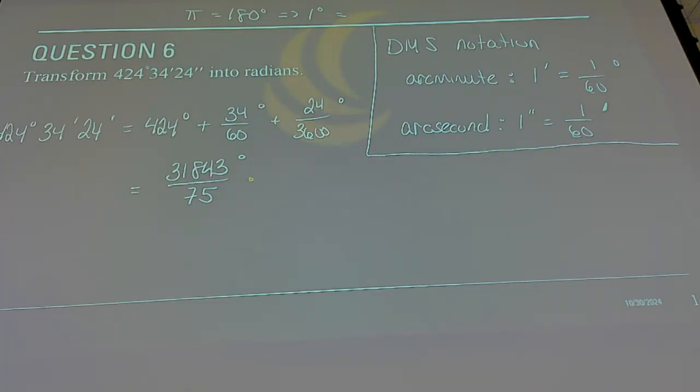You're overthinking it. Pi equals 180 degrees. What does 1 degree equal? How do you get 1 degree out of 180 degrees?